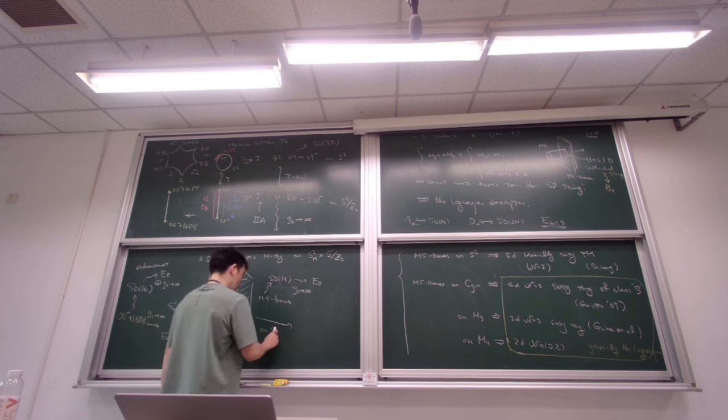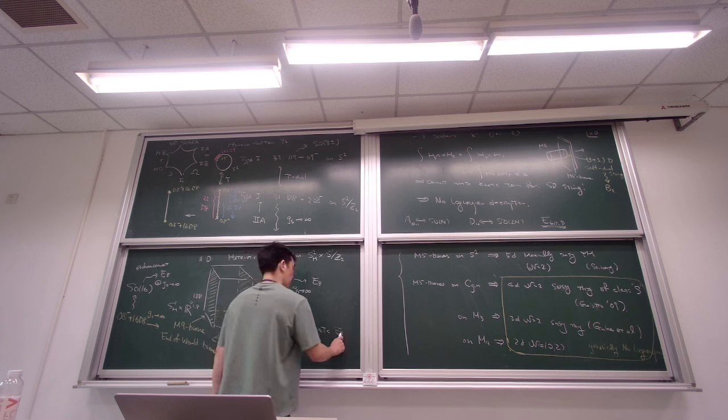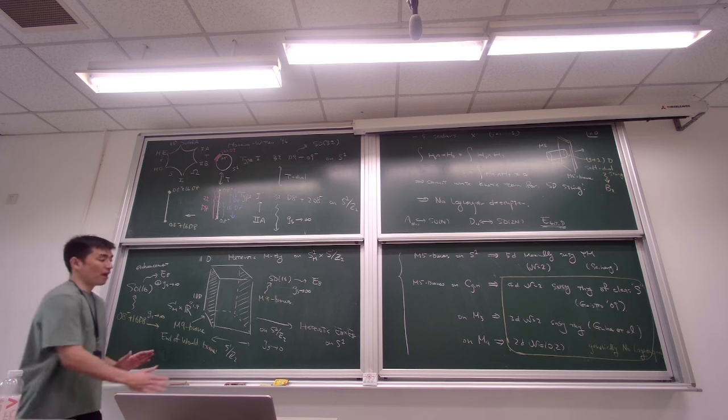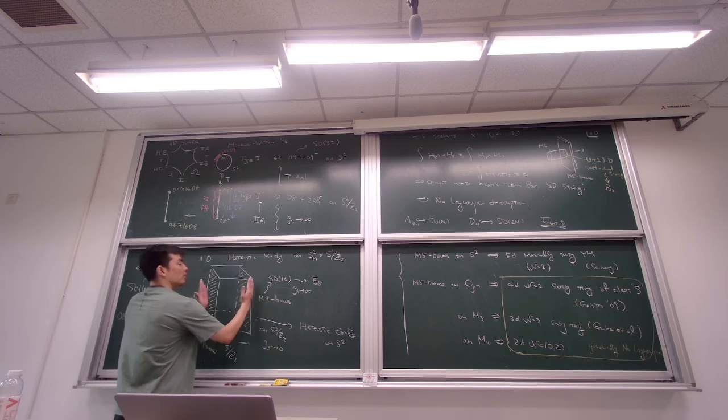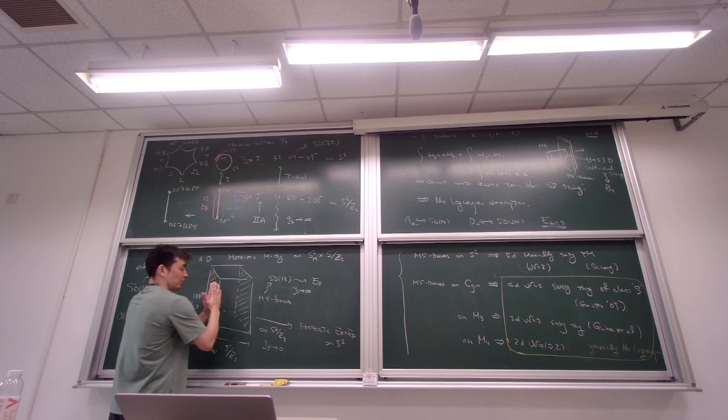compactify on S1 over Z2 and the GS goes to zero limit, you get the heterotic. As you can easily imagine, on S1. So now, if you just compactify on S1 cross Z2, this direction just shrinks, the M9 branes actually meet each other.